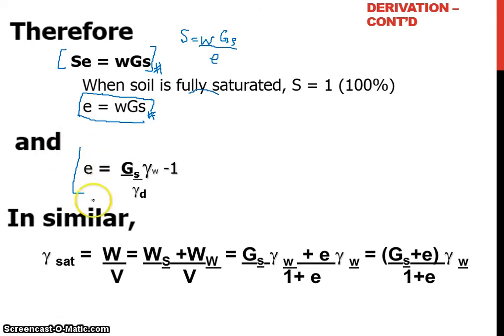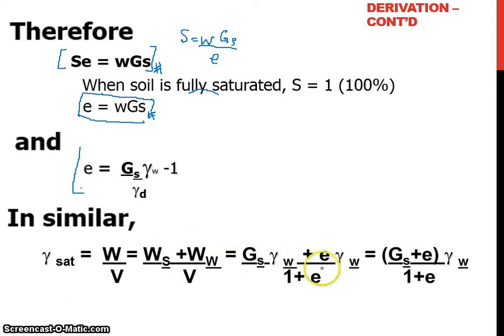That's why I didn't show you the gamma saturated equation yet, because we have to go through all the process first, then we can get the equation of gamma saturated. So gamma saturated is when the soil is fully saturated in the voids.